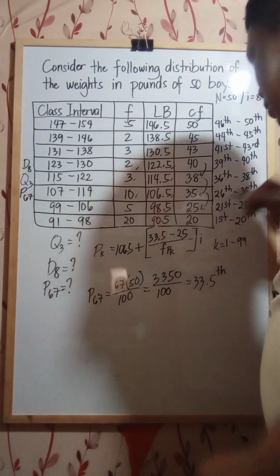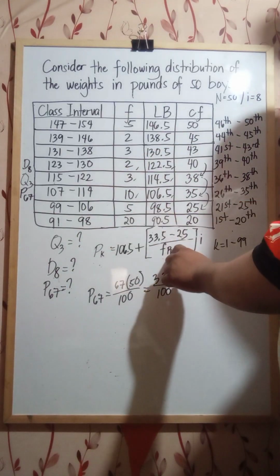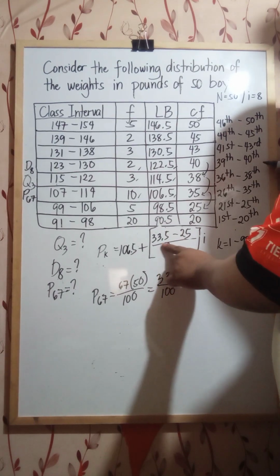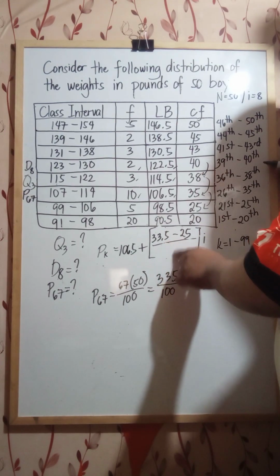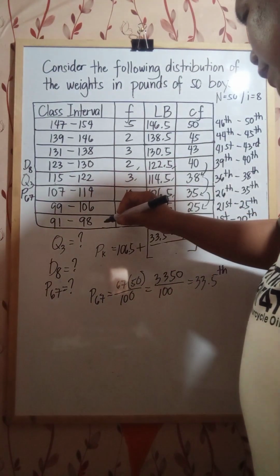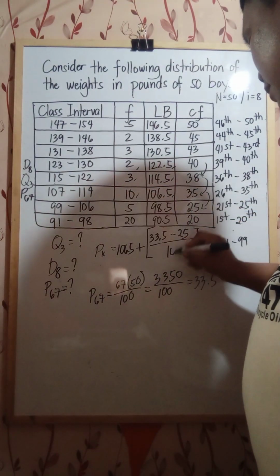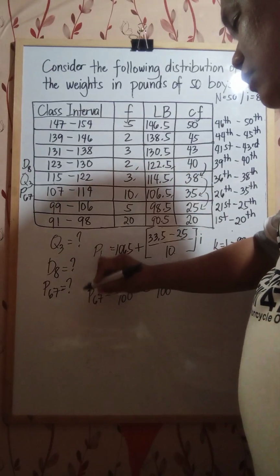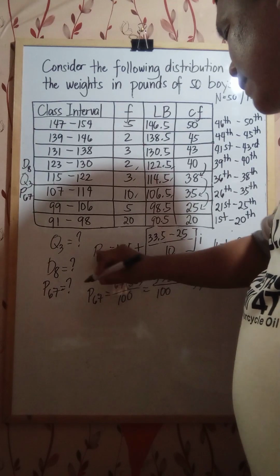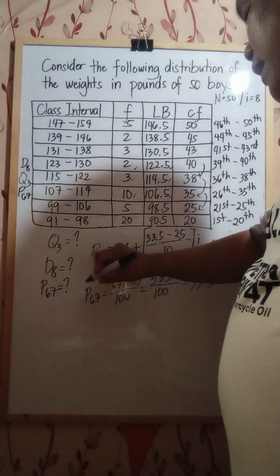Then all over the frequency of the P sub 67, which is 10. Then we replace K with 67.